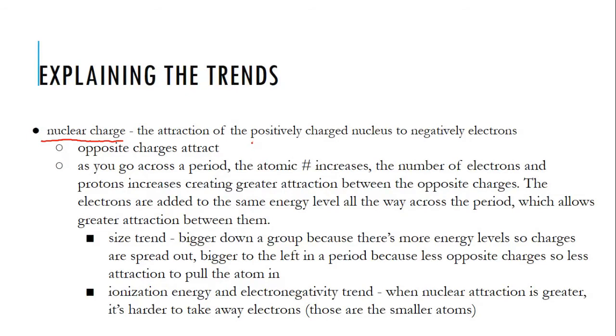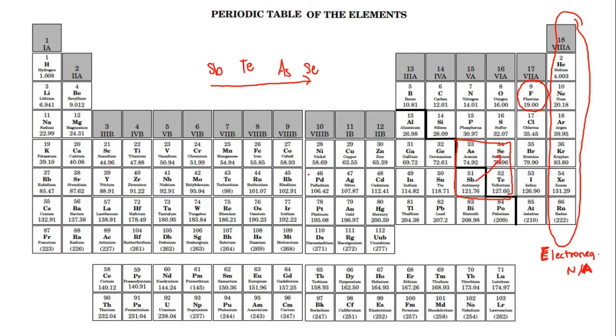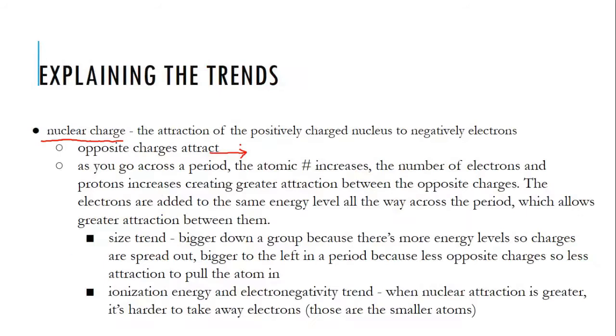So as you go across a period, we're talking from left to right, the atomic number increases. So we can go back here and look and see that this is true. As you go from left to right, the atomic number gets bigger, right? You go 19, 20, 21, 22, 23, 24, gets bigger the whole way. Well, what that means is that the number of protons gets to be bigger in the nucleus, but the number of electrons gets bigger in the electron cloud.